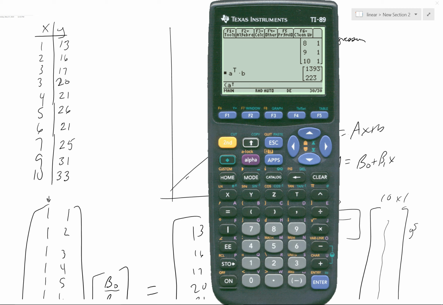Oh, do you see what I did wrong there? Right there. Needs to be an inverse. All right, now if you hit diamond enter. Bam, there. I said diamond enter. Remember those numbers, friends.